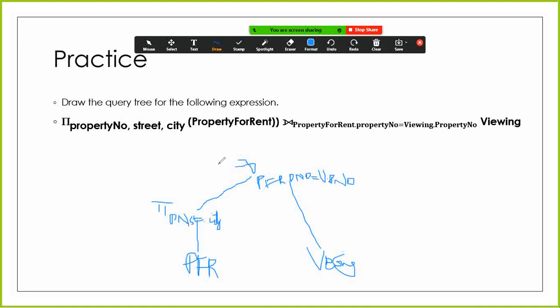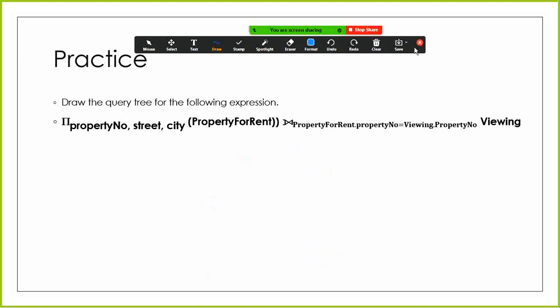Then here we will get our final result. So you can see that here the relations are the leaf nodes. First we select these columns from property for rent, and then we apply the left join on the basis of the condition that the property number of property for rent is equal to the property number from the viewing table.